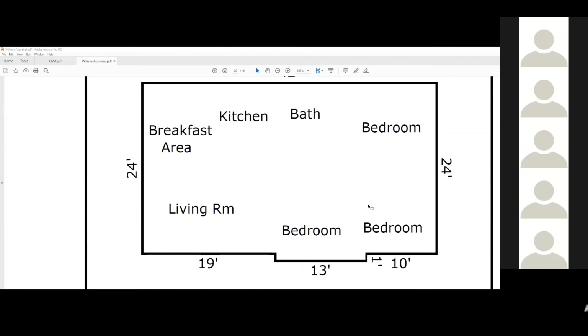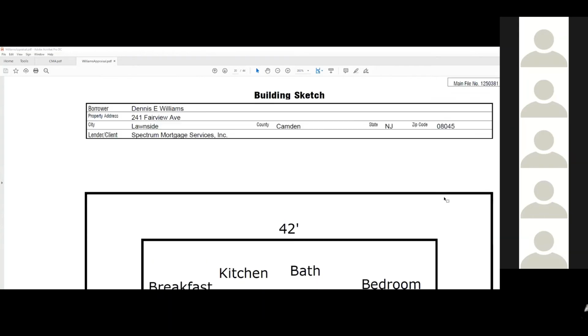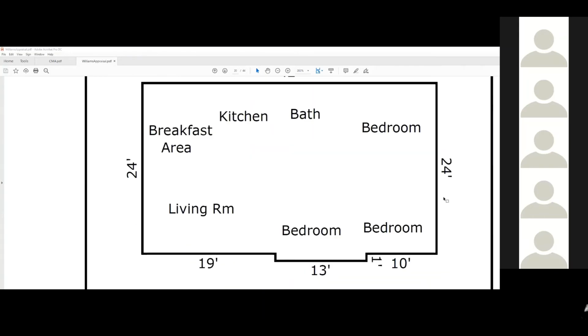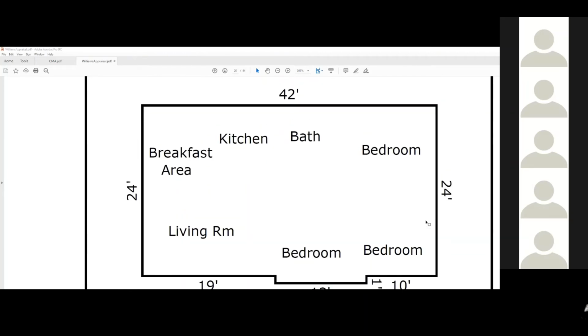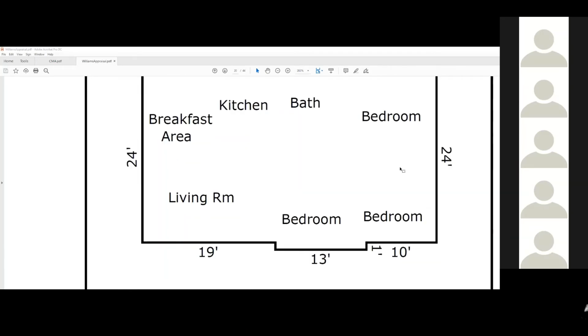So regardless of what the assessor is saying, the appraiser will calculate your home based on what they measure. I can tell you 99% of the appraisers do use this measure.